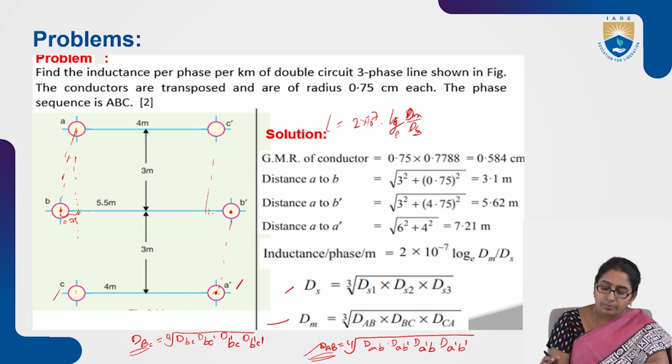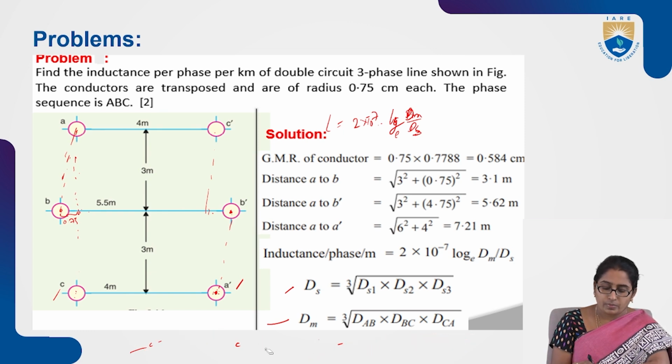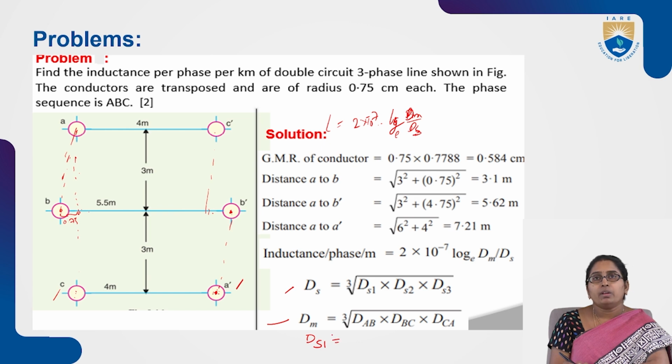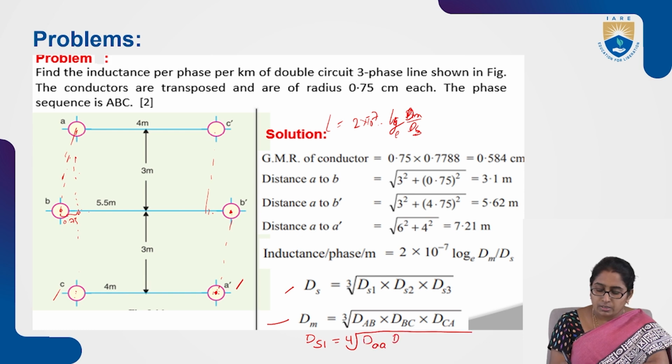What is DS1? DS1 is given by the self GMD of the first phase, that means phase A, which is given by the fourth root of DAA. Self GMD, we also call it GMR, right?